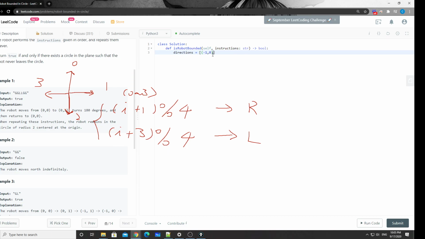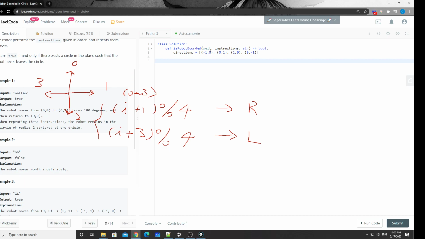The second one is going right, which means 0 and 1. The next one is going down. Down means 1 and 0. And the last one is going left. Left means 0 and -1.